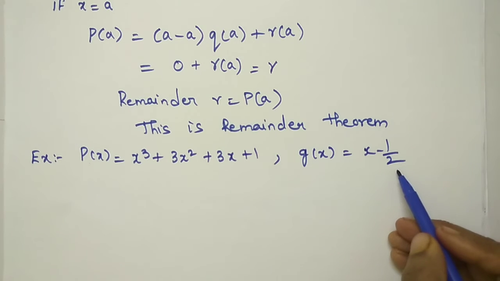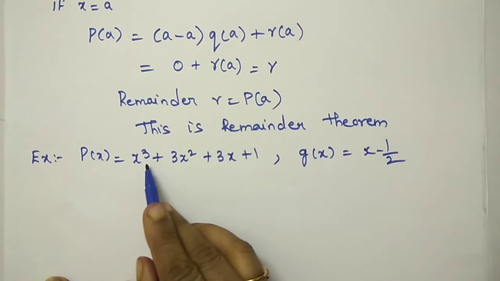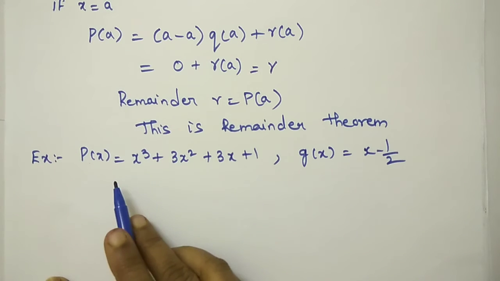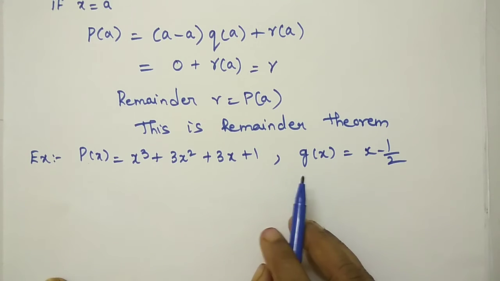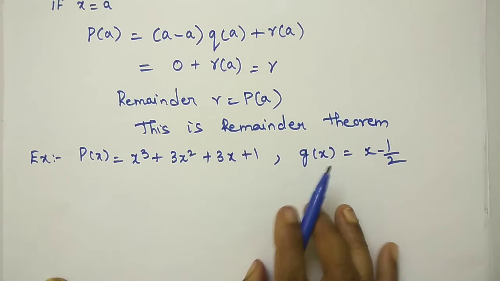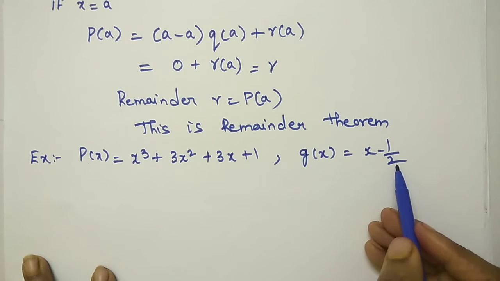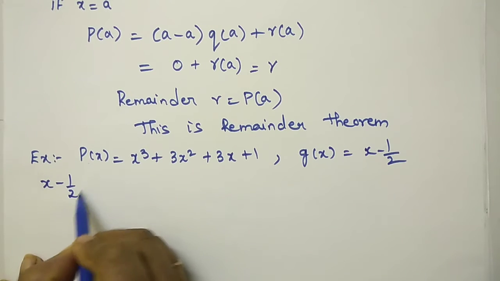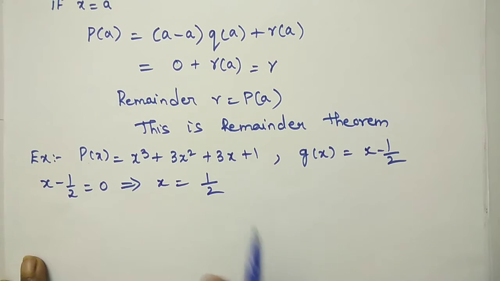Here g of x is a linear polynomial. Checking the degrees, p of x is 3 and g of x is 1, so the degree of p of x is greater than the degree of g of x, and we can divide these two polynomials. As it is a linear polynomial, x minus 1 by 2 equal to 0 gives x is equal to 1 by 2.